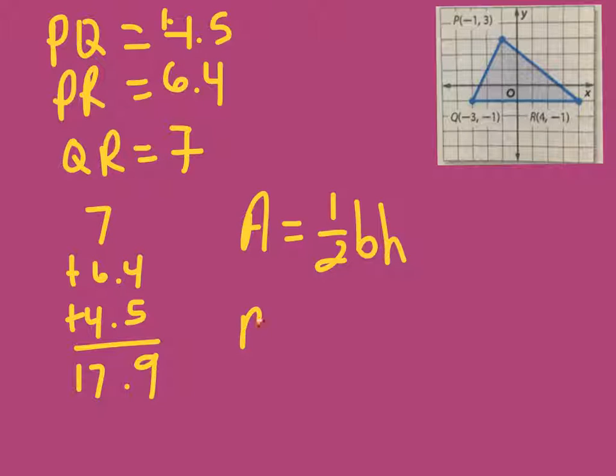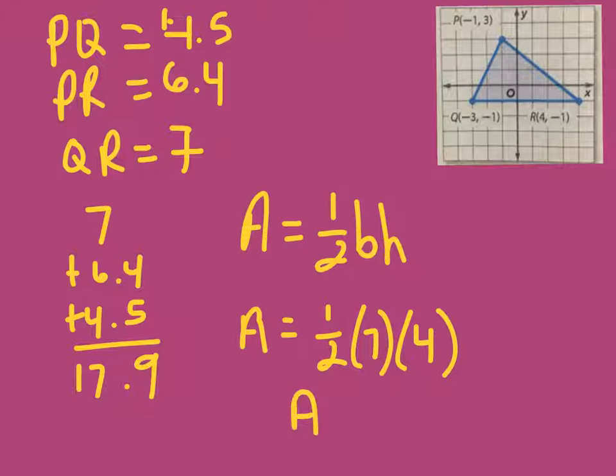So our area is going to equal 1/2 the base, which was 7, times the height, which was 4, and then we get 28 times 1/2, or our area of this triangle is going to be 14 square units.